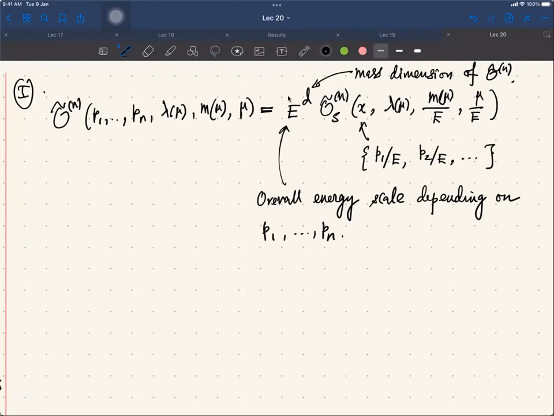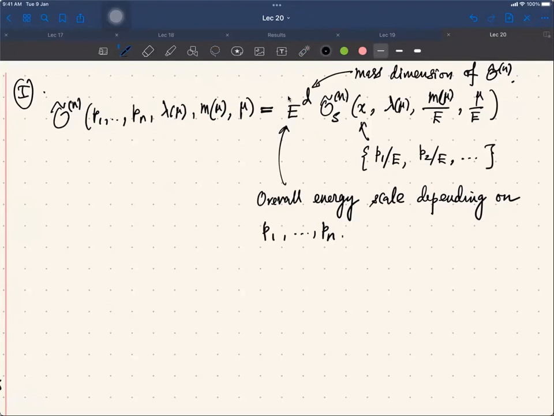And from dimensional analysis, you know that it should be E to the power D, which means that O tilde s is basically O tilde divided by E to the power D. Since O tilde scales like E to the power D, O tilde divided by E to the power D is dimensionless, and it should be possible to write this quantity in terms of those dimensionless parameters.